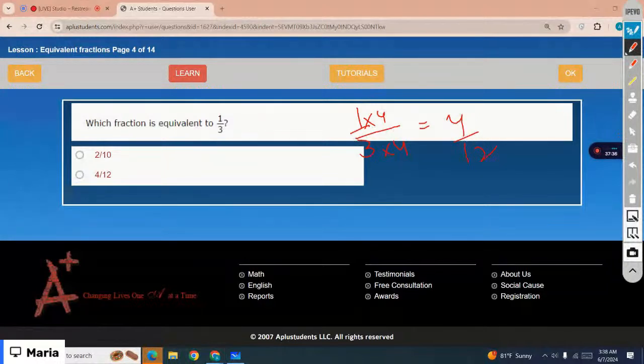Anyone can please explain? That is 4 out of 12. Option number 2 is the correct option, right?